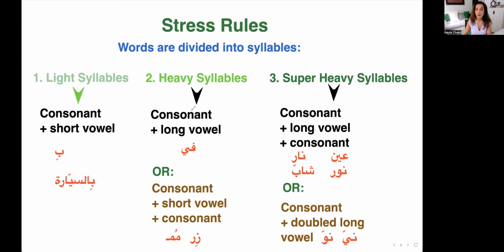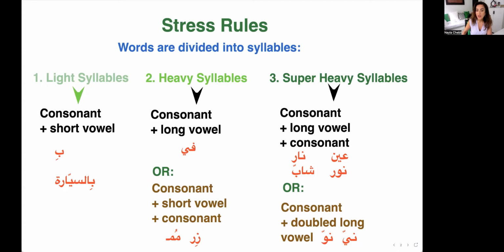A heavy syllable is a consonant followed by a long vowel. Here you have fi. The fa is a consonant and the ya is a long vowel. Fi, like the preposition meaning in. A heavy syllable can also be a consonant followed by a short vowel followed by another consonant. For example, zir.